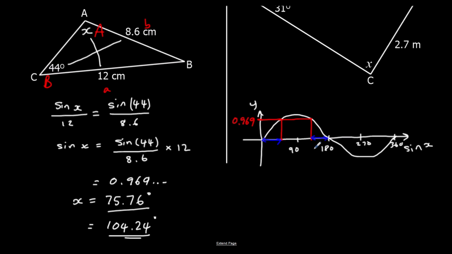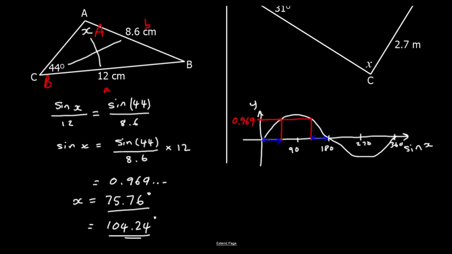We can work out the second answer by doing 180, take away 75.76 to find the second answer. So when we are finding an obtuse angle with the sine rule, we do 180, take away the answer the calculator gives us to find the obtuse angle.